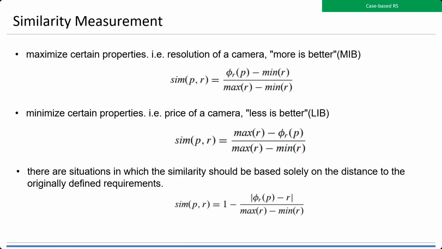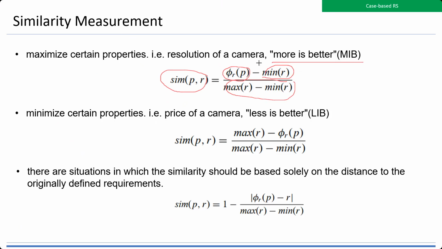The similarity is based on the certain properties. First, we can maximize the properties. To maximize certain properties, for example, the resolution of a camera, more is better. It means I want to check the similarity from the product minus the requirement. Or sometimes we can also do it in the opposite way.